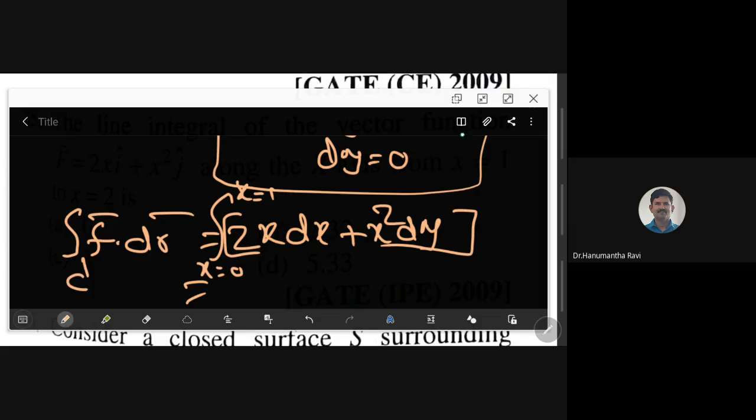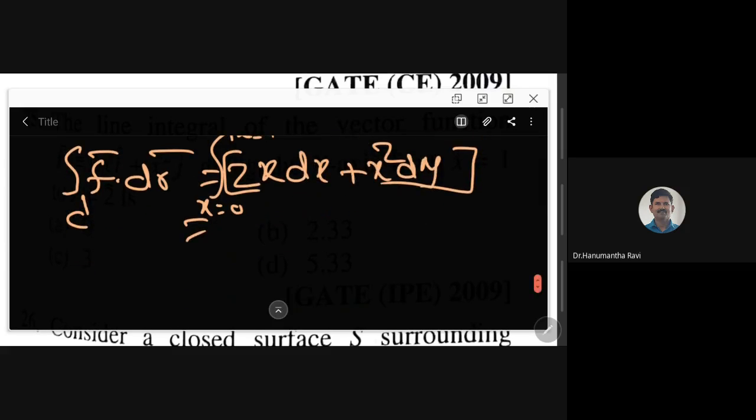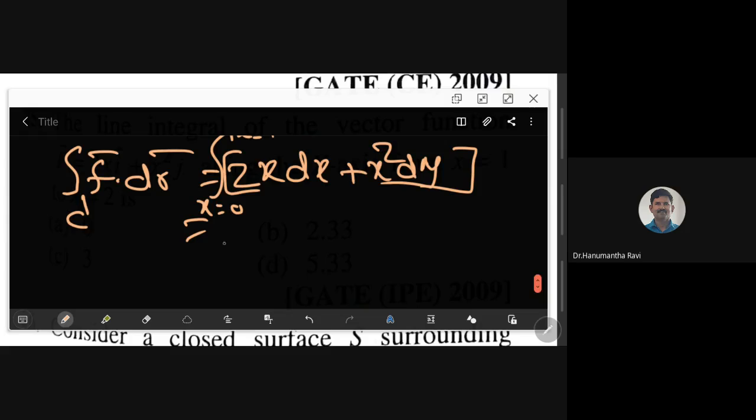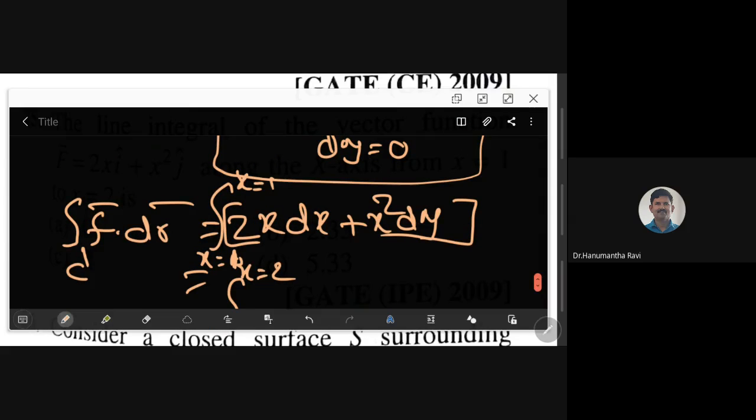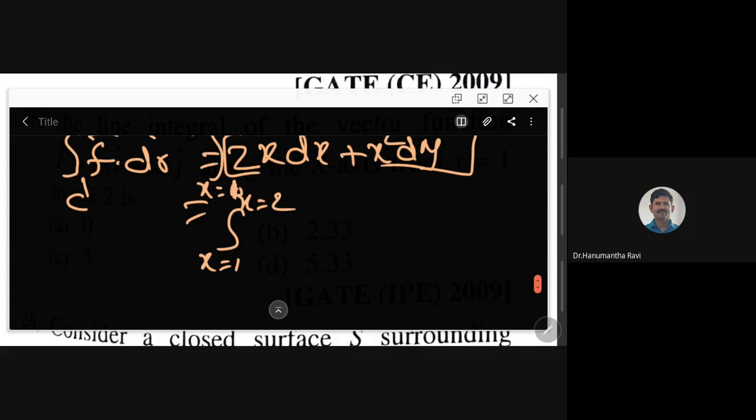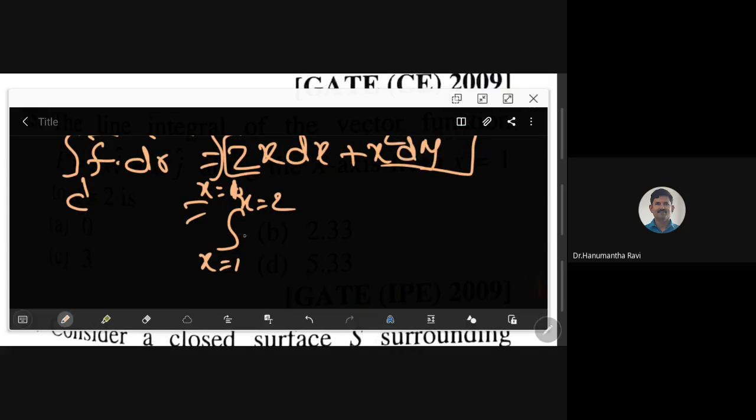That is what we know. So because dy is 0, this can directly be written as x is equal to 1 to x is equal to 2. Remember, here x is 1 to 2, the integral of 2x dx.